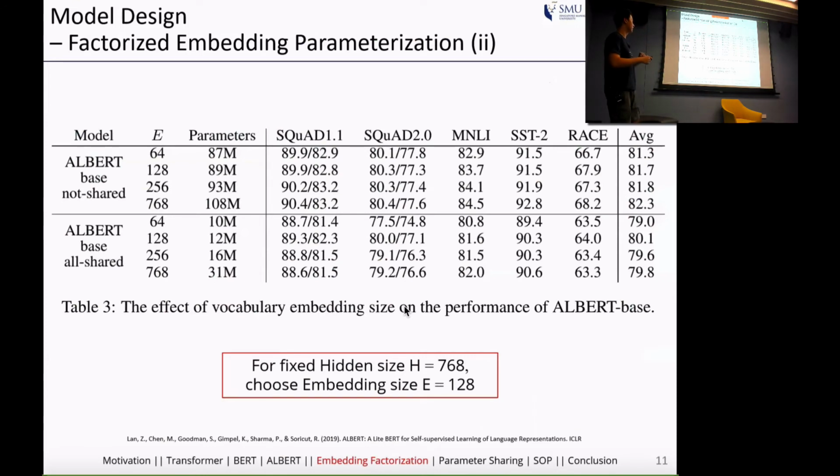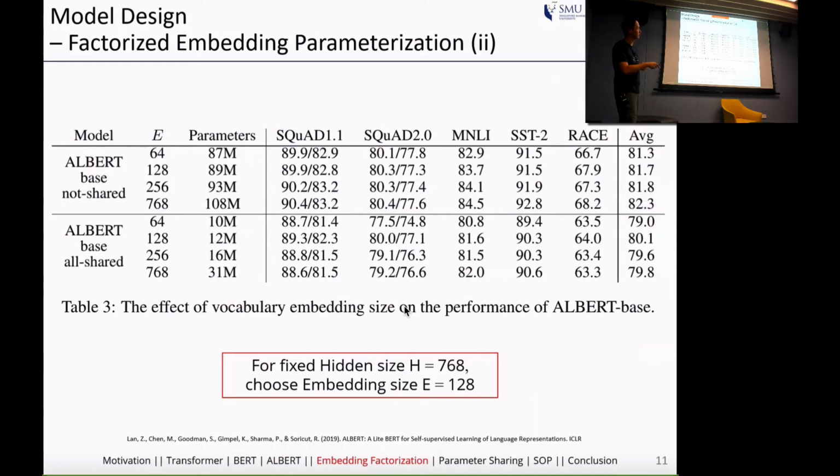Okay. Over here they show different levels of embedding sizes for a fixed hidden size of 768. If you use the BERT way, where the hidden embedding size is the same as the word embedding size, that is the last row of each section. As you decrease the size of embeddings, generally the performance decreases.